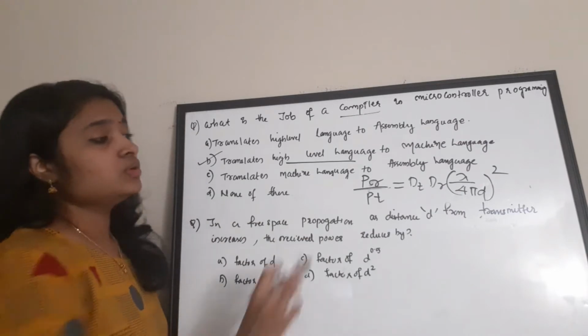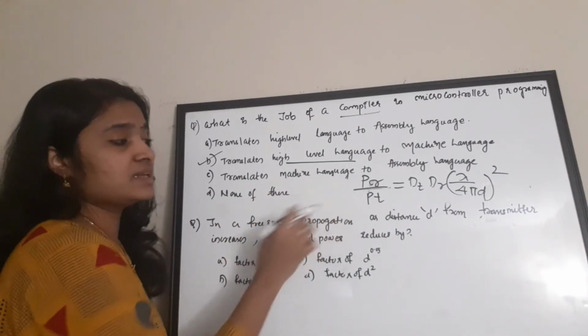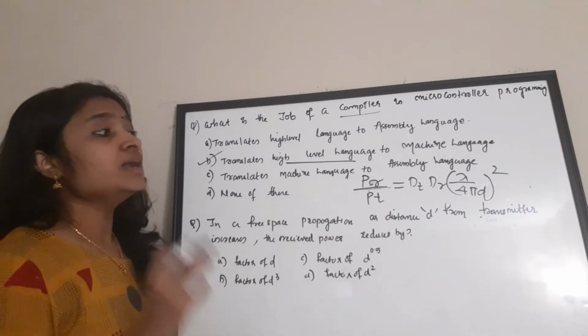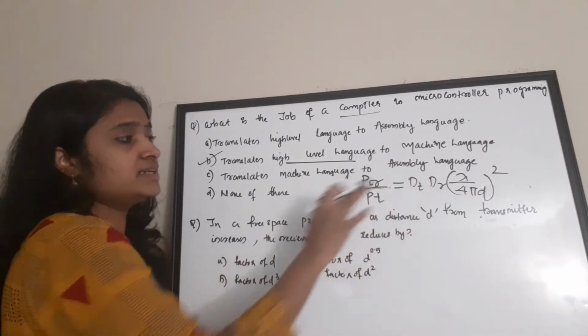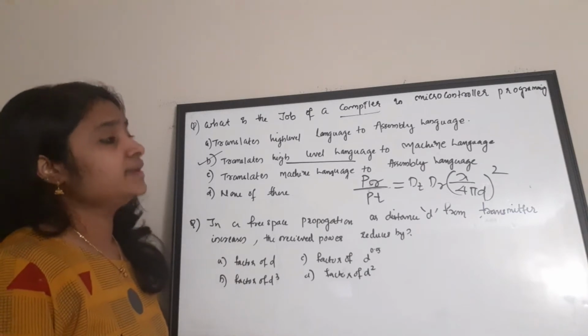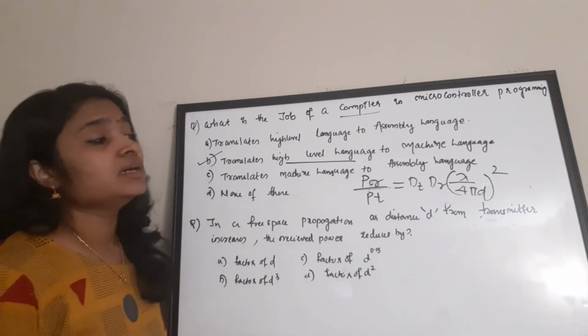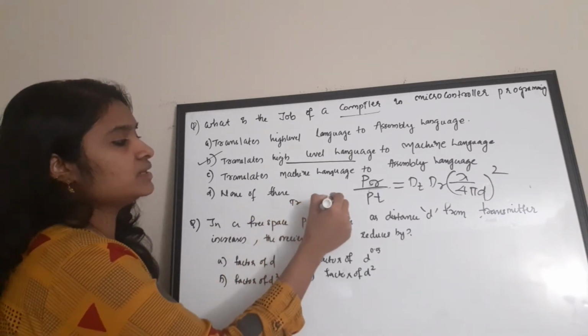Okay, so PR is the received power, PT is the transmitted power, Dt and Dr are the directivity of antennas. For Dt it is the directivity of the transmitter antenna, Dr is the directivity of the receiver antenna, lambda is the wavelength, then d is the distance between the transmitter and the receiver.